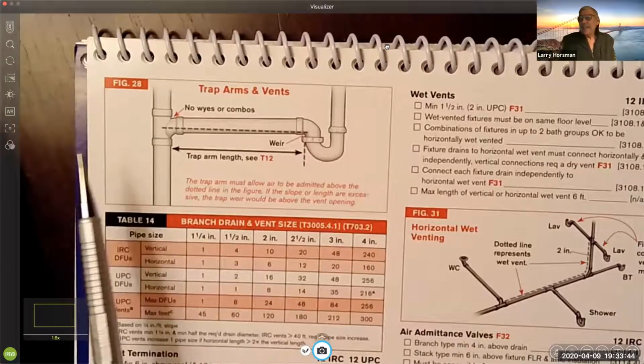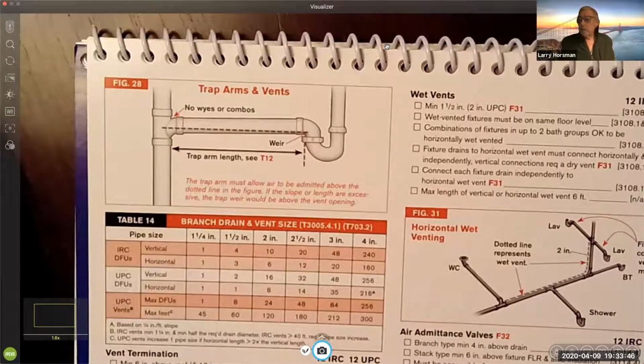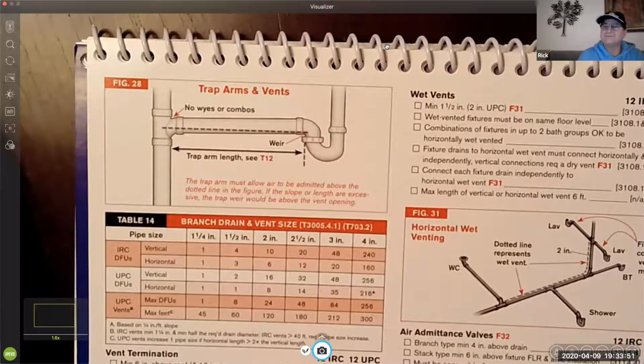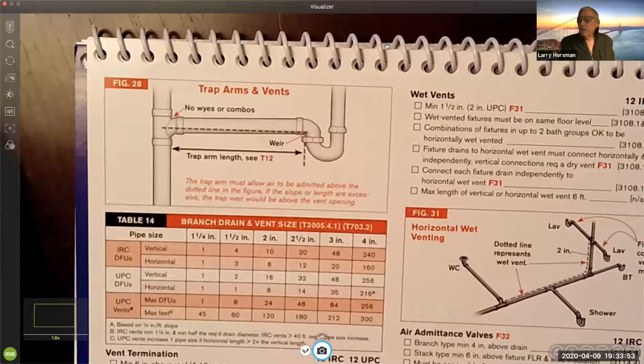And so that's that trap arm length that they're talking about in that table. 6 foot's gigantic. Yeah, that weir, that's the overflow. That's where the water flows out of the trap and into the drain.